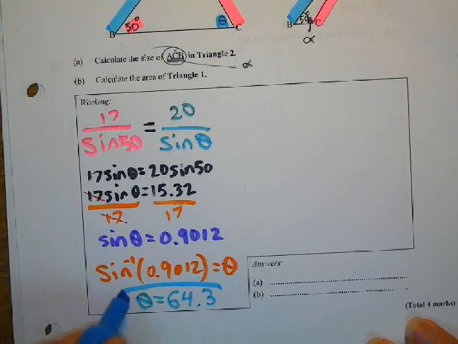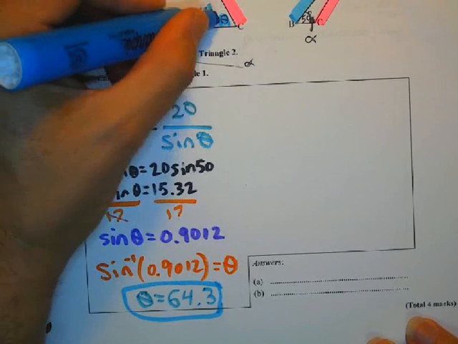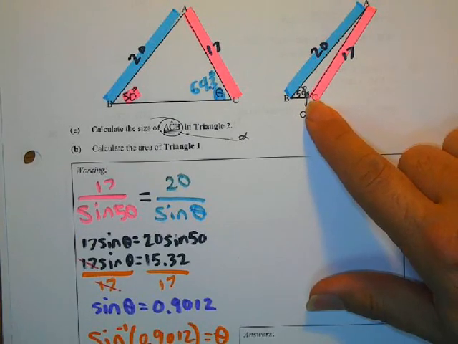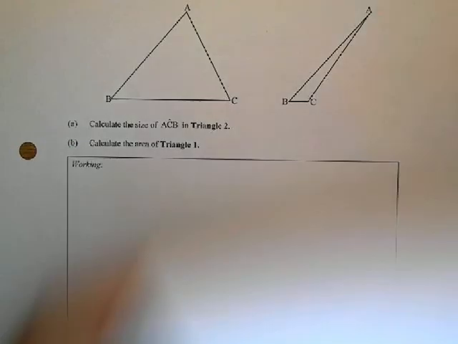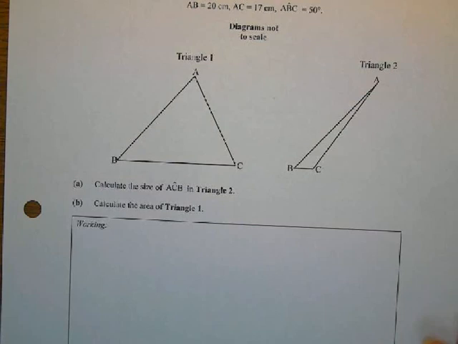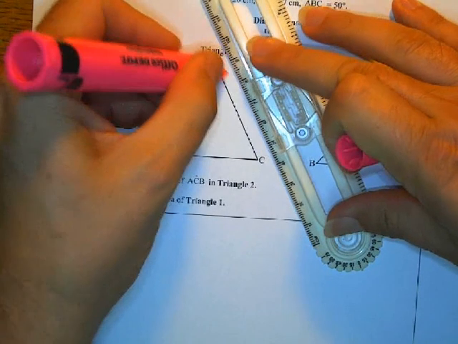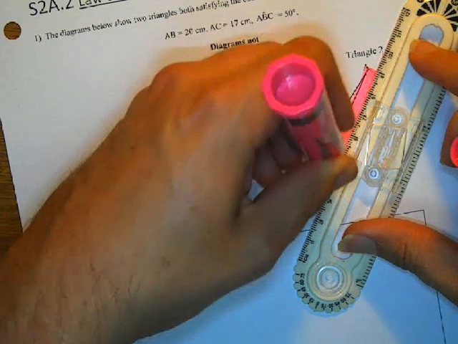That's this here, 64.3 degrees. Well, clearly this one here is not 64.3 degrees, but we do know it's obtuse. So I'm going to take another piece of paper here. Now we know this is the same length as this.